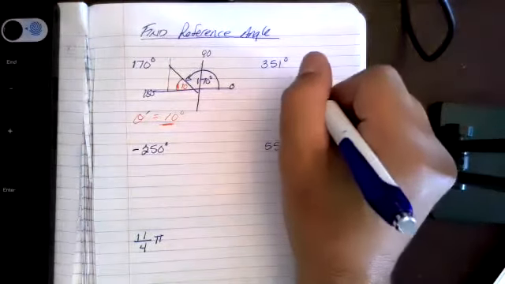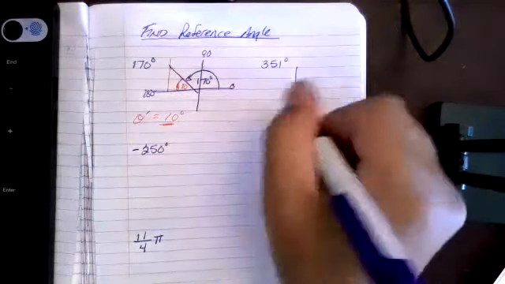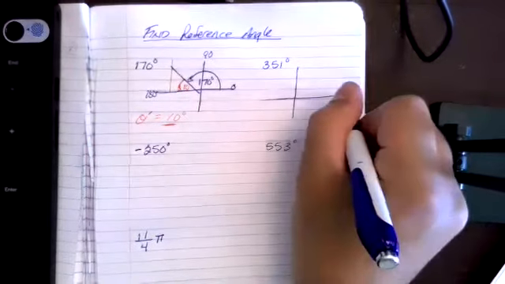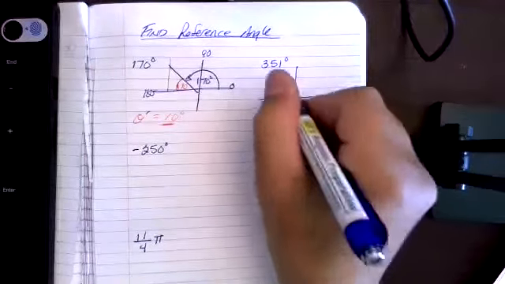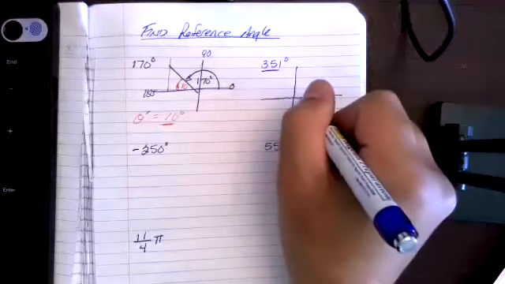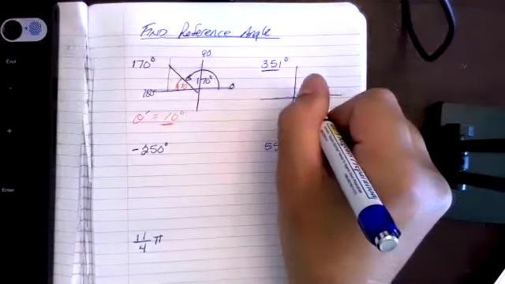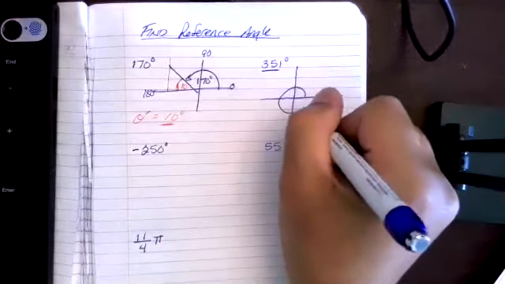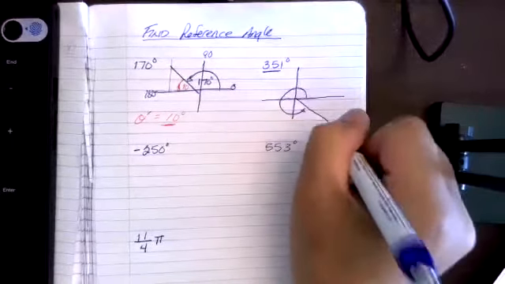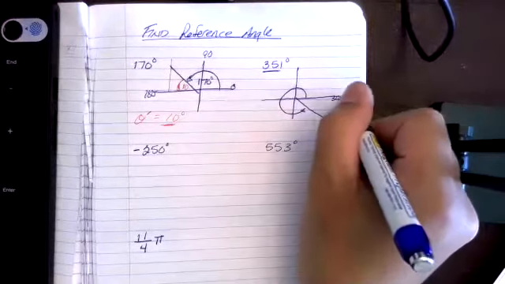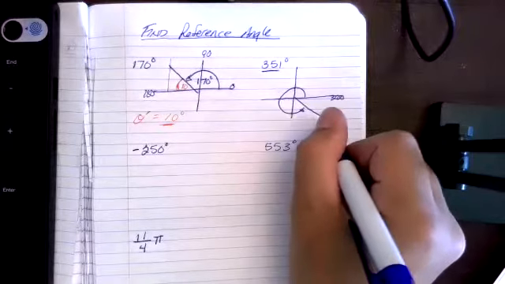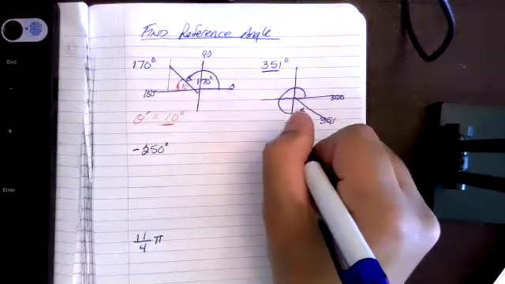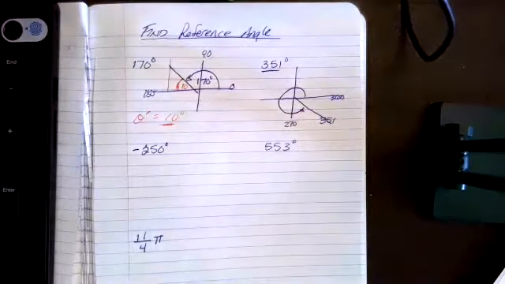In this next example, it says 351 degrees. So I'm going to have to go all the way around to my fourth quadrant. Right? I know that this is 360. I know this is 351. This is 270.